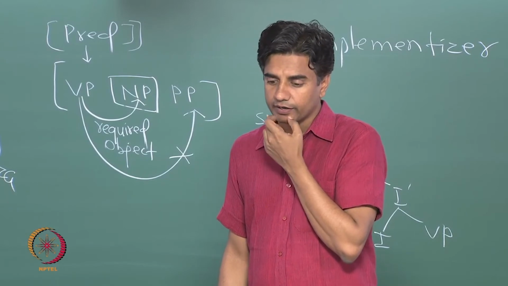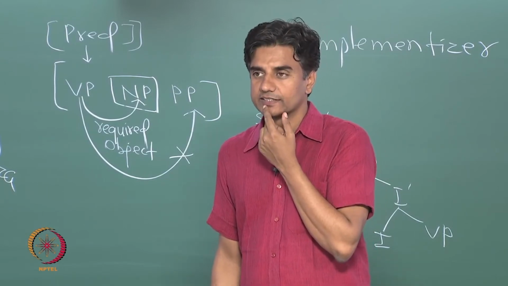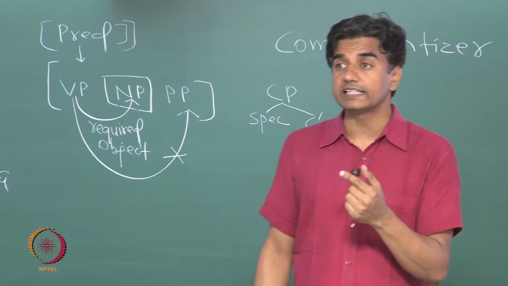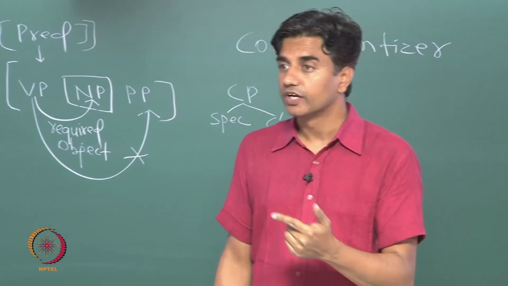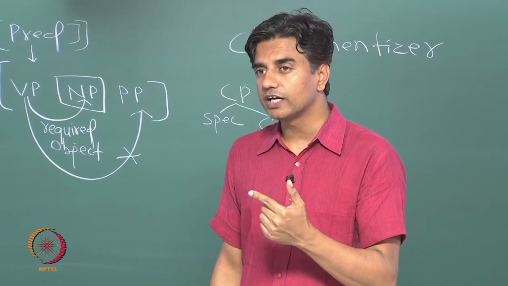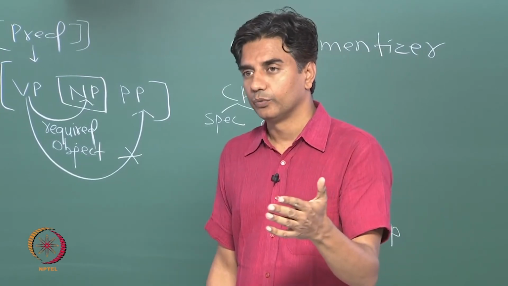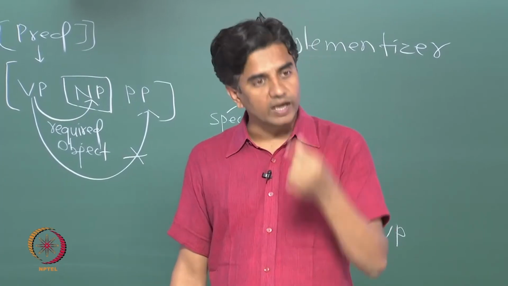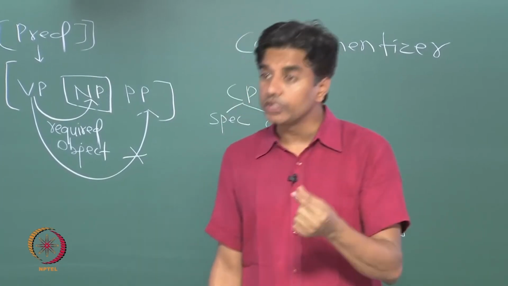nouns require PP complements, right? When we are saying nouns require PP complements, we are not trying to say all nouns will require. We are saying certain nominal elements have a requirement that they are going to need a PP.